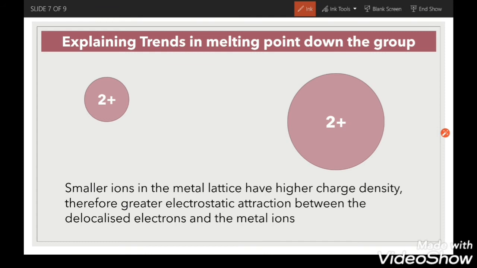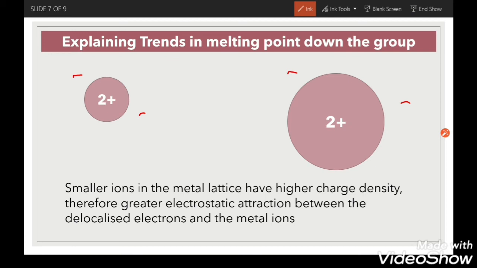Within our lattice, we've also got our electrons floating around, and we'd have an array of these things. Because at the top of the group, so for calcium, for example, because magnesium is the outlier, the ion centres of our metal lattice are that little bit smaller. So the charge density is greater for these.